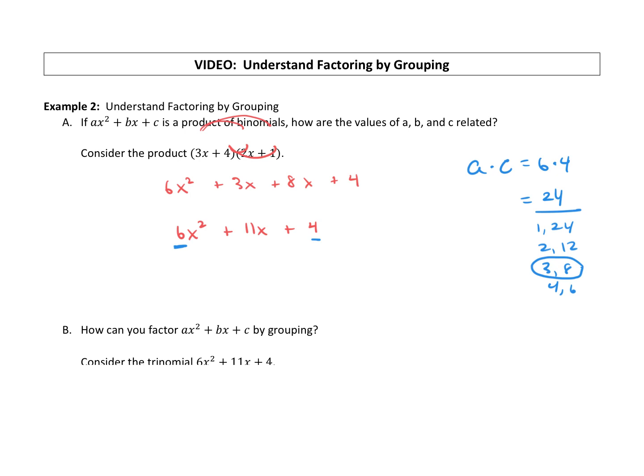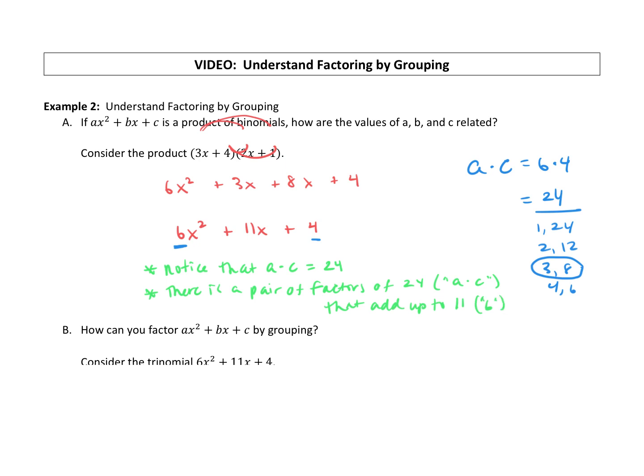So what we notice is that a times c equals 24, and then what we noticed was there is a pair of factors of 24, which was our a times c, that add up to 11, which was our b value.